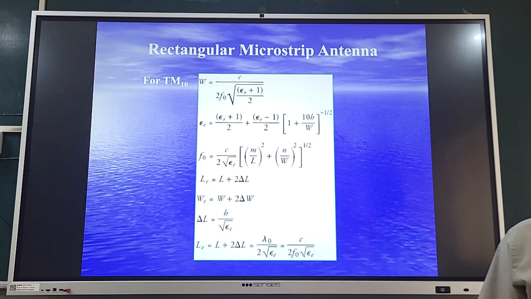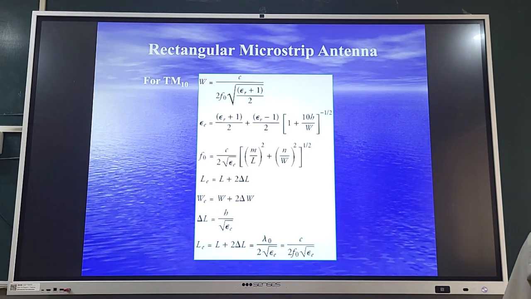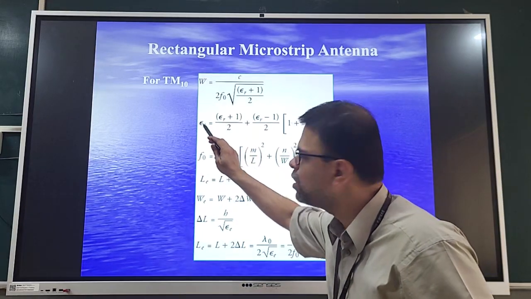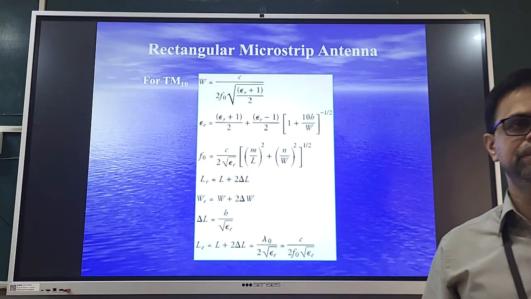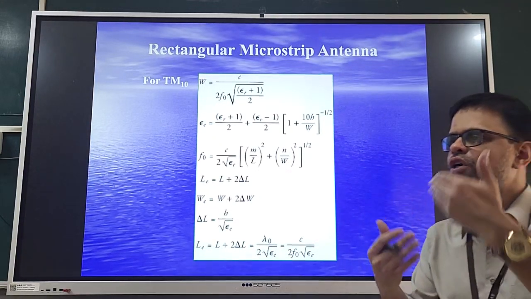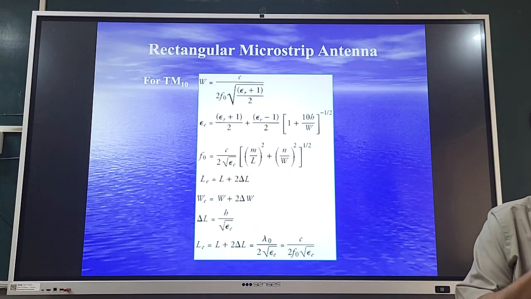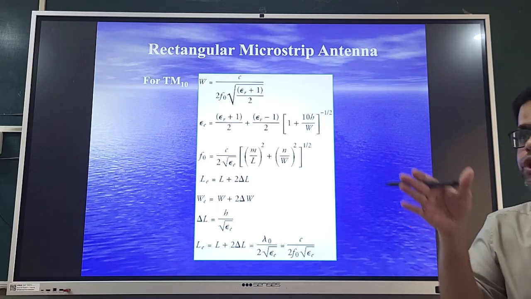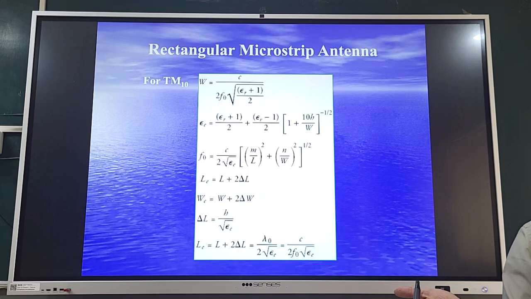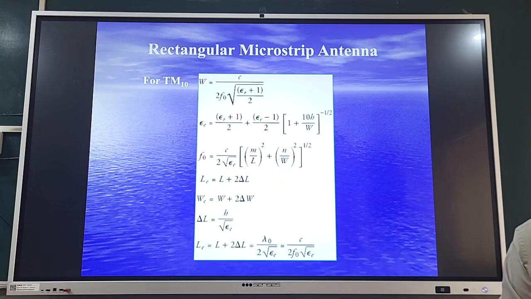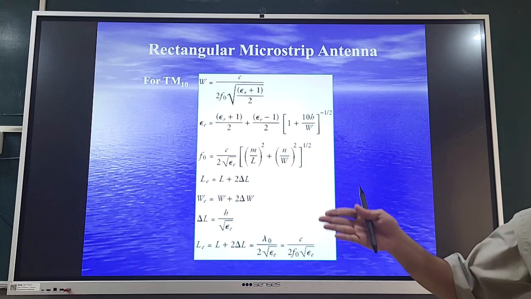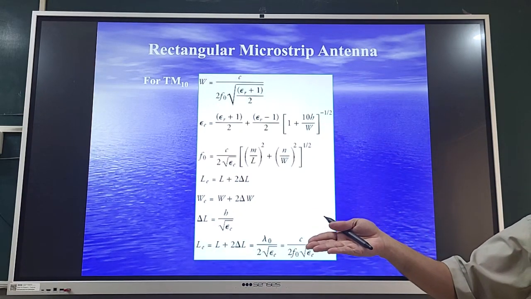And using that W nu, now pay careful attention here. Using that W nu, recalculate epsilon Re nu or epsilon E nu. Because what is going to be the testing parameter here? W can be anything, but W changes your fringing or effective dielectric constant. So that is a very important parameter to design or you fix your length properly, because the more the fringing, the lesser will be the actual length.